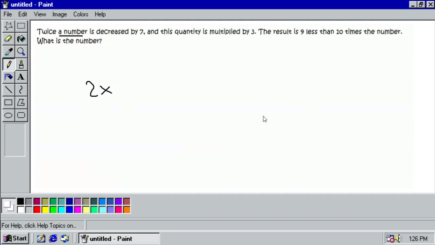And since it is decreased by 7, we will subtract 7. And this whole quantity here is multiplied by 3. So we're gonna multiply all of it by 3.